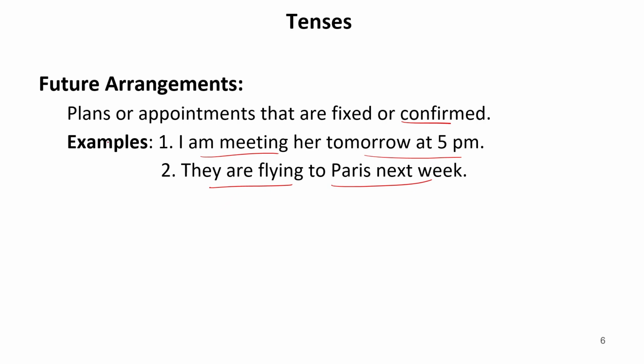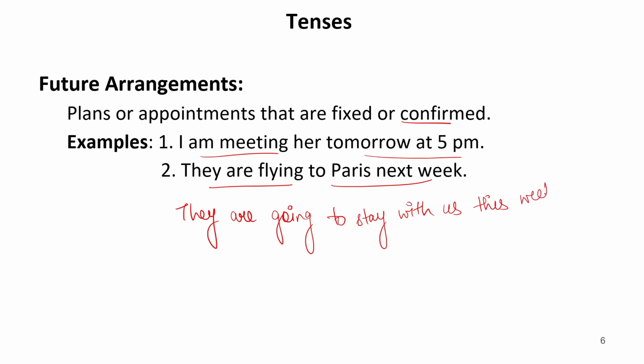So these are future arrangements which are appointed, fixed or confirmed, but have to happen in the future. They are going to stay with us this week. These are some sentences that can be written in present continuous tense.